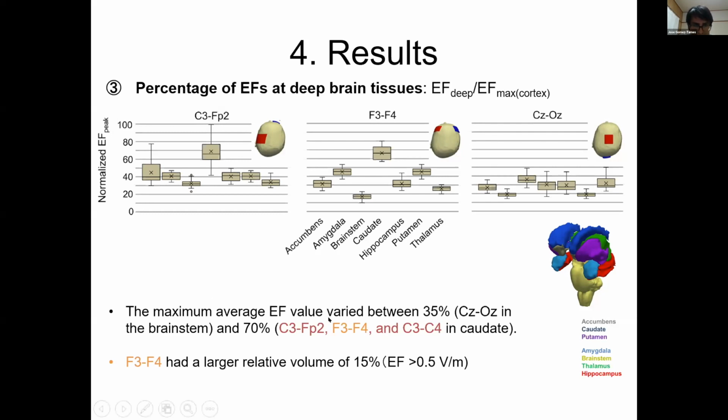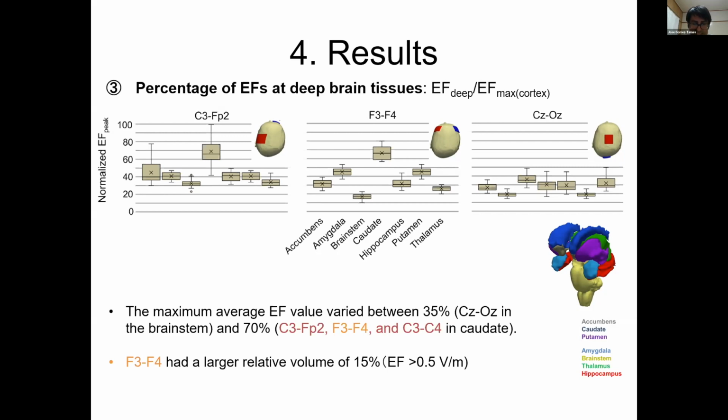So basically, for the different montages that we use, we found that the electric field intensity is between 35% and 70%. And 70% we have with the C3FP2, F3F4, and C3C4. And these are not only the peak values. I mean, this is not only for very specific points on the surface of the deep regions.